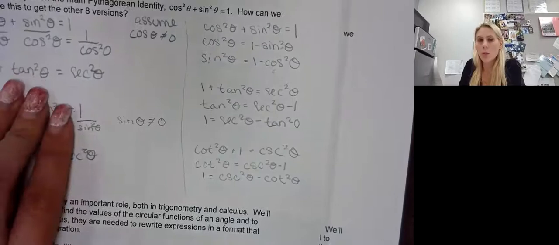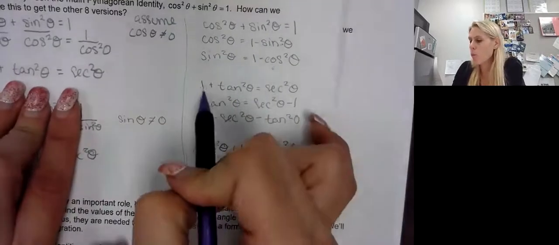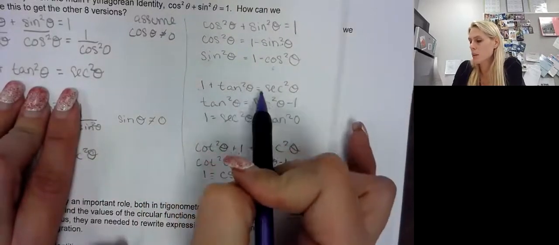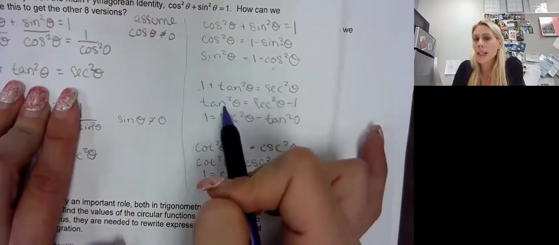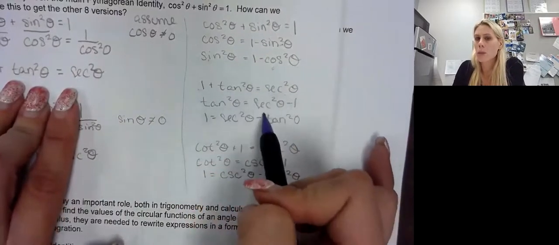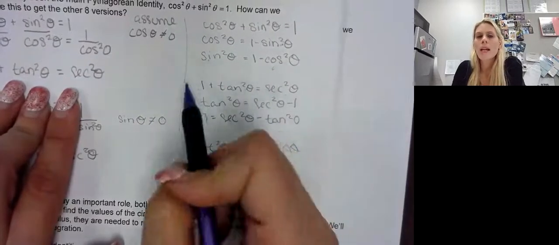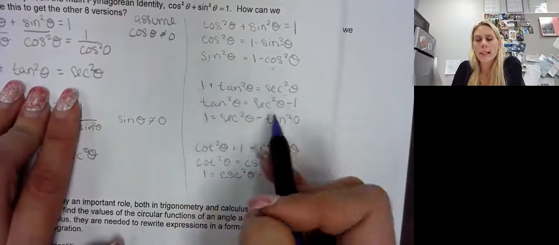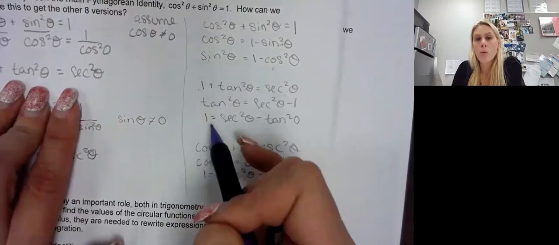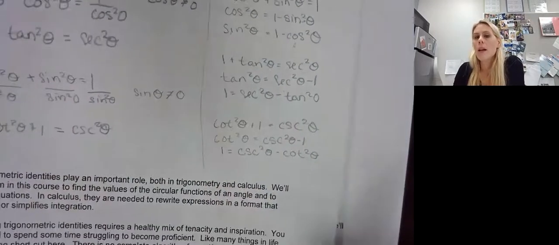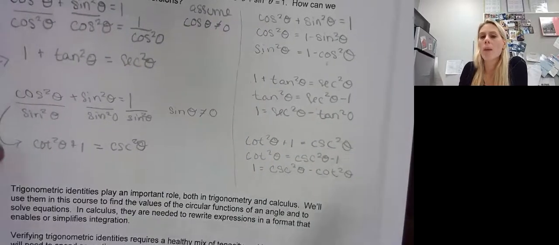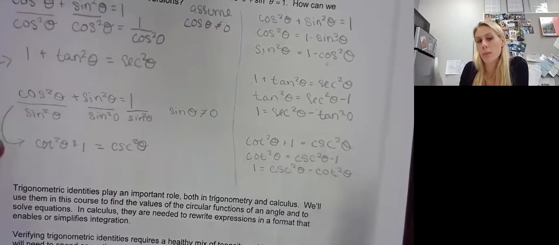Now I can take what we just learned over here, which is 1 plus tangent squared equals secant squared, and move that stuff around. So tangent squared theta equals secant squared theta minus 1. And I can move the tangent squared over by saying 1 equals secant squared minus tangent squared theta. And then I can do the same thing with my cotangent squared plus 1 equals cosecant squared.